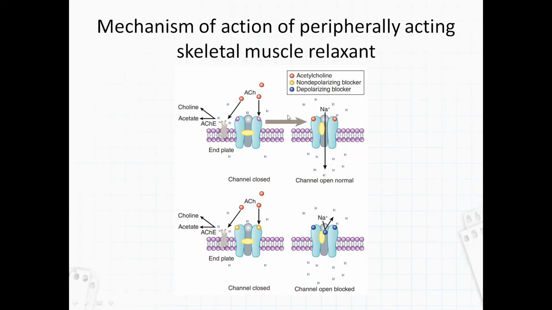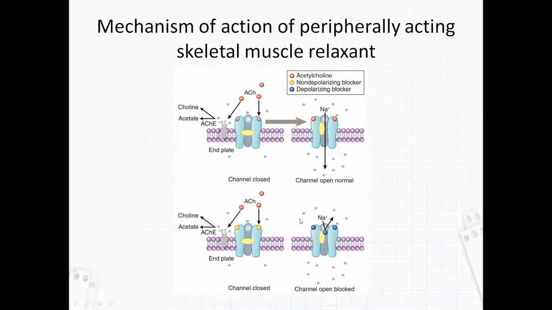But with a non-depolarizing blocker, see these yellow round spheres. These will attach to the receptor, due to which acetylcholine cannot attach. This is the competitive blockade. Non-depolarizing blockers do the competitive blockade, because of which they have no effect on this channel. The channel remains closed.